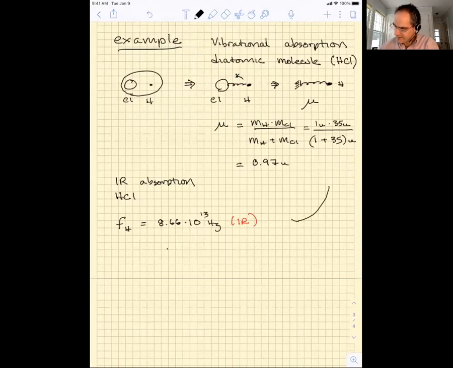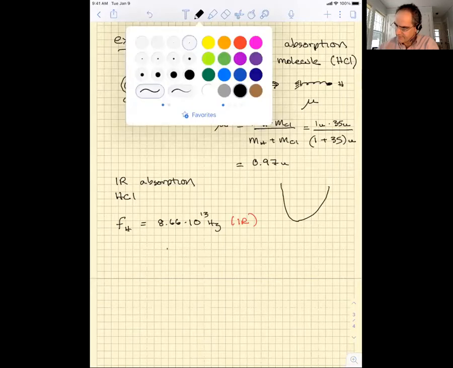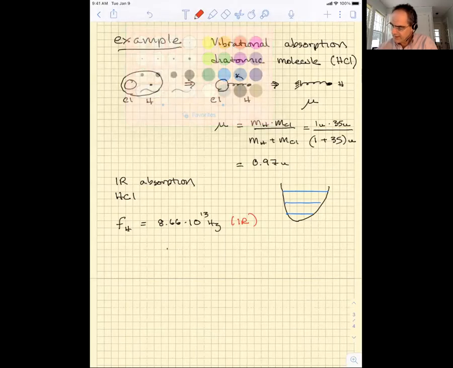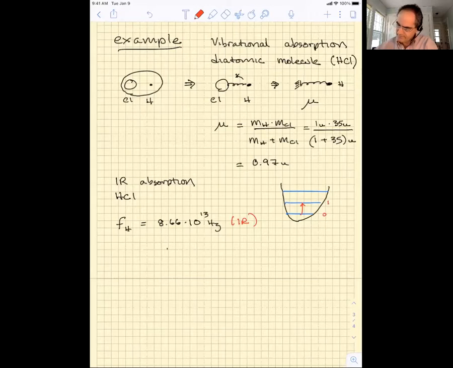The interatomic potential between the atoms looks something like that. The energy states of this potential are approximately, actually quite close to, the energy states of a quantum harmonic oscillator. And what we're looking at is this transition from n equals 0 to n equals 1.